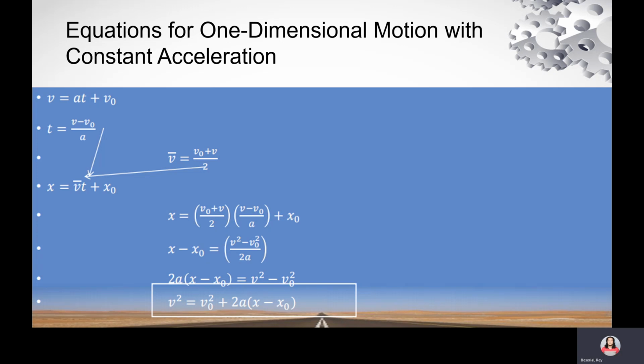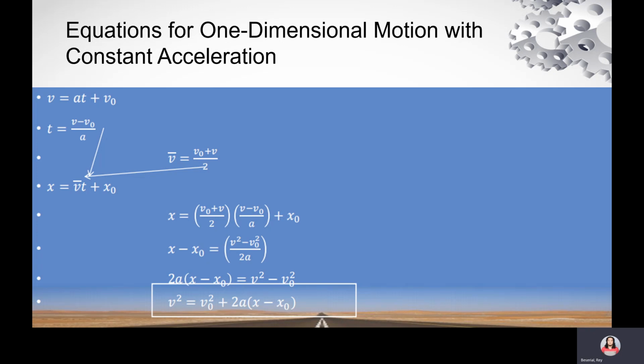So from that, ito na siya. So ma-simplify, dito na tayo mag-diretsyo. So V squared is equals to initial velocity squared plus 2 times acceleration times, open parentheses, final position minus initial position.